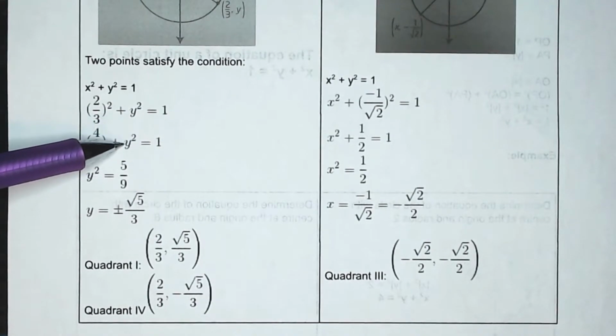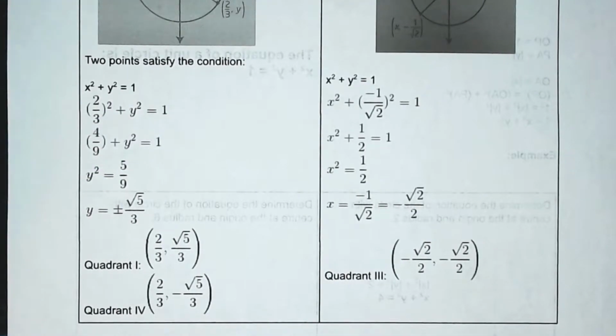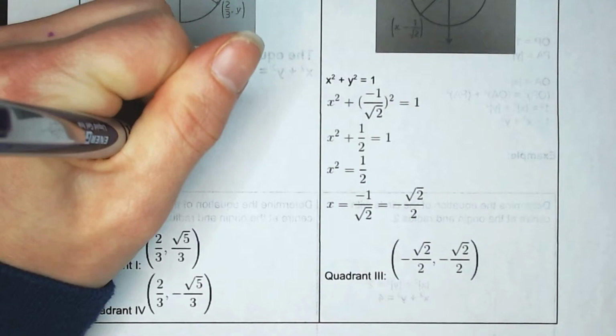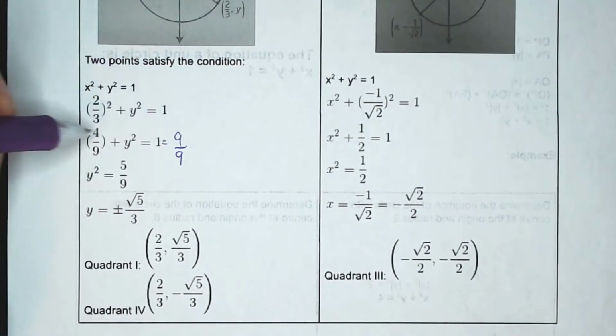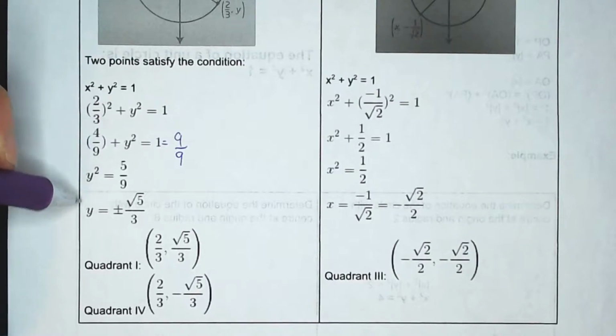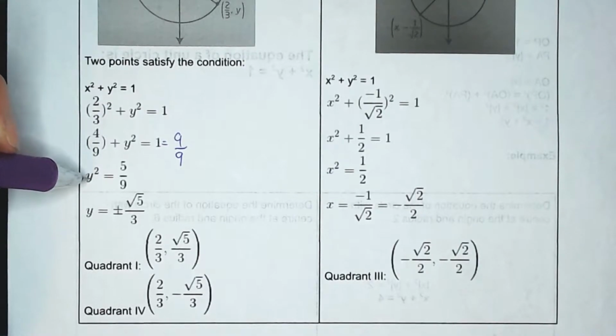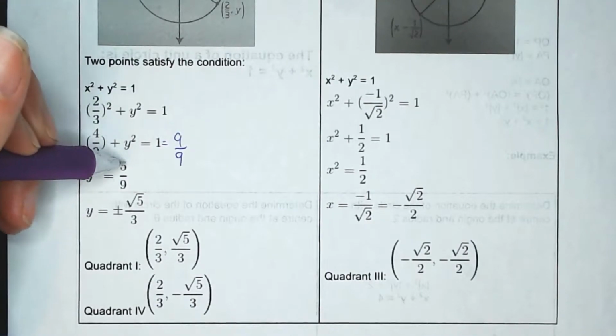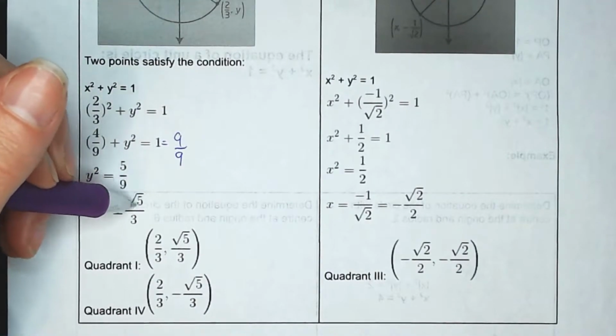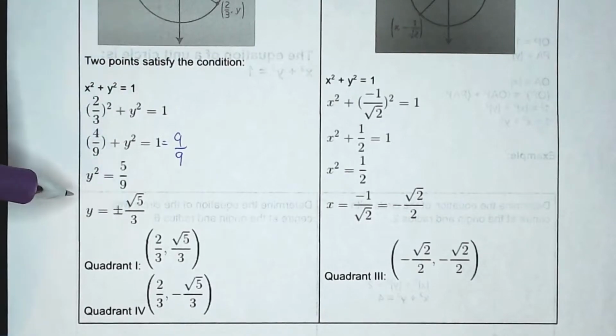Solve for y, okay? So isolate this away. Remember, 1 is equal to 9 over 9 in this circumstance. So you're just going 9 over 9, subtract 4 over 9. That will give you y squared is equal to 5 over 9. And then you're going to take the square root of this. So root 5, because it's not a perfect square, over 3.